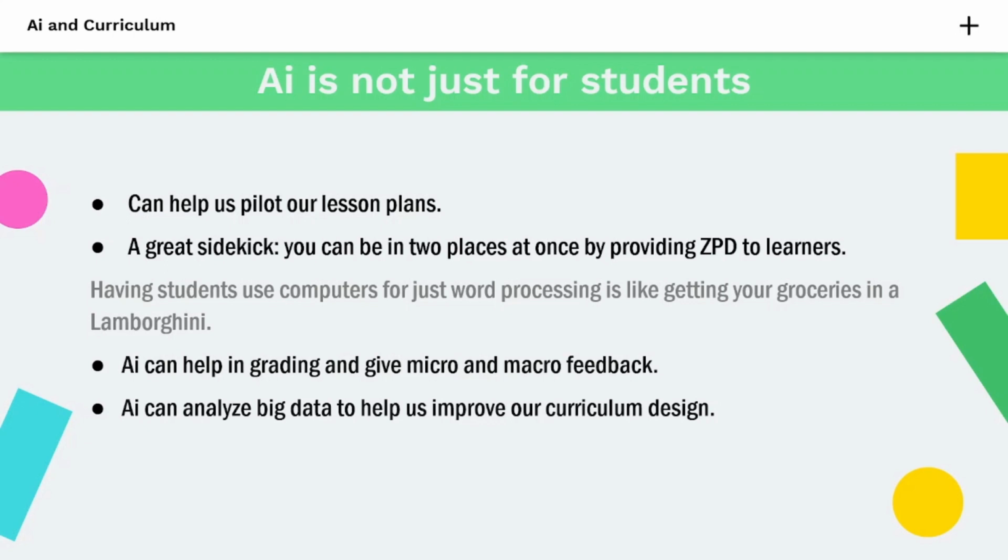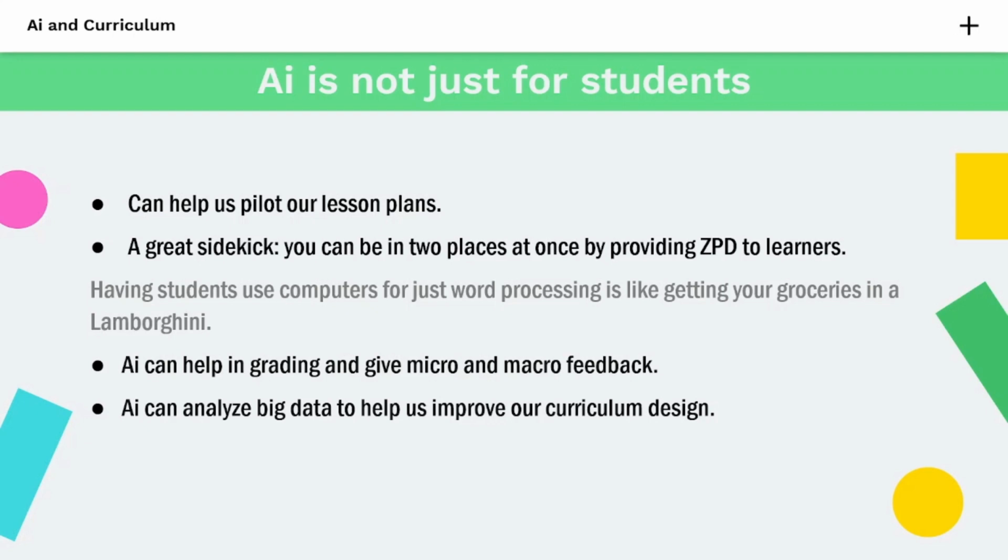AI can analyze big data to help us improve our curriculum design. We as teachers know we do not rely on just crunching the numbers for our own students and getting the average, and that's it. We know there are more robust statistical methods to see if our students are performing great or not, and compare that to the state or national average.